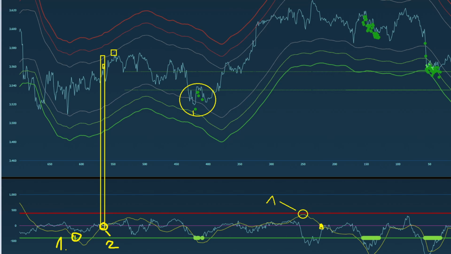So let me see, where is it? Somewhere here, right? You see, it's again like you really want to nail the price at the level that has a good risk reward. Usually when it's in the middle between the bands, between the gray bands, it's a bit more risky trade.